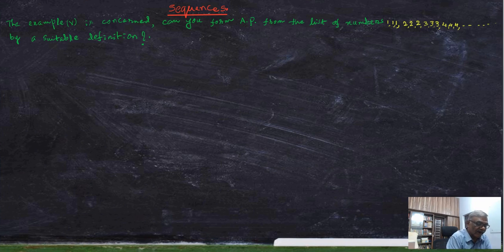I would like to rewrite the sequence as 1, 1, 1, 2, 2, 2, 3, 3, 3, 4, 4, 4, and so on.